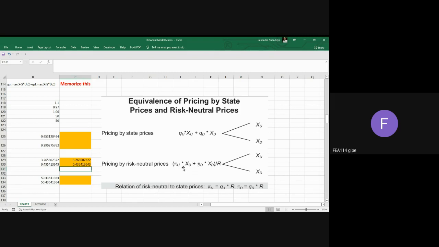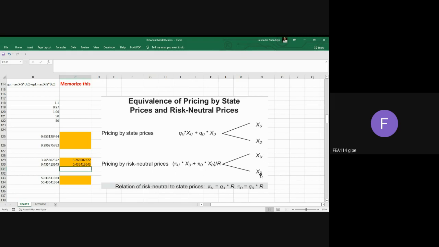Now here something different is there, and that's why I wanted you to focus here. Let's assume that the stock goes up in the up state as XU, goes down in the down state as XD, but the probability of going up is pi U, and the probability of going down is pi D. If I have to calculate the expected value, then it will be pi U into XU, the first one, and pi D into XD.